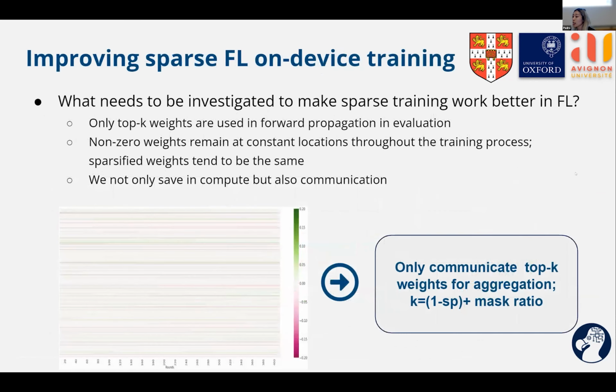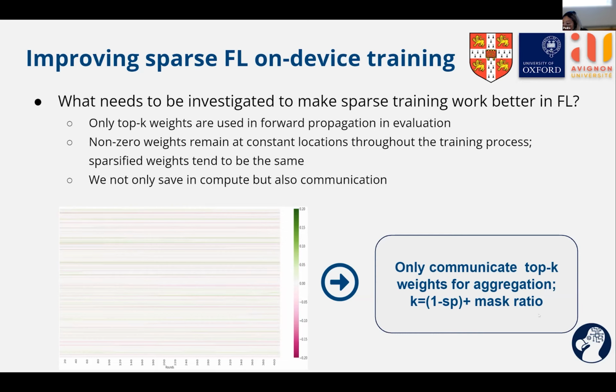The second part is that we investigate the position of the sparsified weights. In the forward pass we partition the weights into active and non-active parts, and only the active weights are used in forward propagation during evaluation and at inference time. So non-active weights are not significant at inference time.